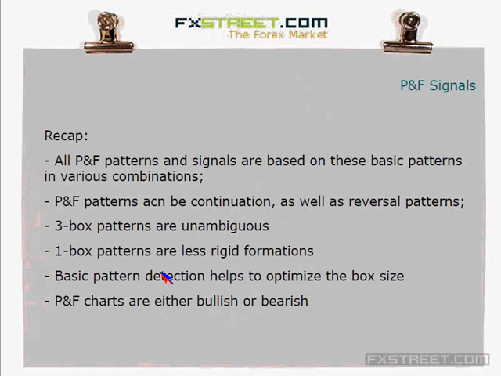On the other hand, one box patterns are less rigid formations, as we just saw with this previous fulcrum example and all the variations of fulcrums and semi-catapults. We have also seen that basic pattern detection helps you to optimize the box size, in a way that if you display a price chart using point and figure and you are not able to recognize any double top or double bottom, that means that the parameters, the box size and the reversal amount, are not significant at all.